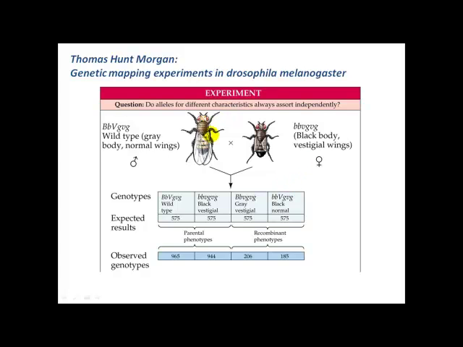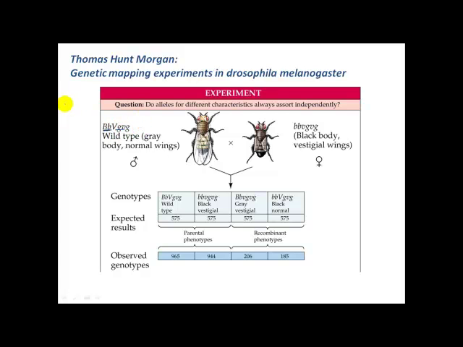So what we're looking at here are two fruit flies that differ in two genetically determined traits. Body color, so gray or sort of a tan color, being determined by the wild type allele at the B gene, right? And wing shape being determined by a second gene, the VG gene, right?